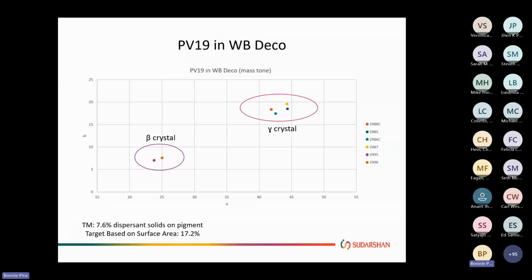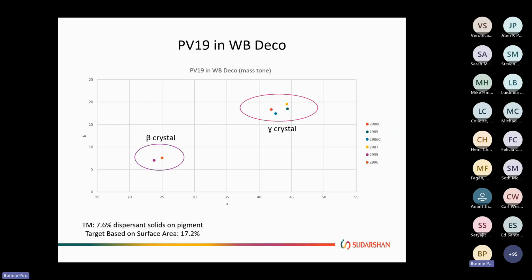If we switch gears to a water-based decorative type of formulation, again, the target dispersant amount was calculated to be 17%. This particular formulation is just shy of 8%. And if you remember the previous chart, the gammas are developing a little less of the red and a little less of the yellow, and the betas are not as blue in this particular case.